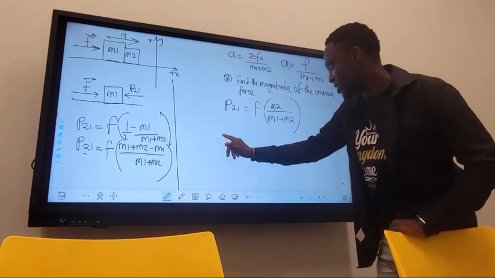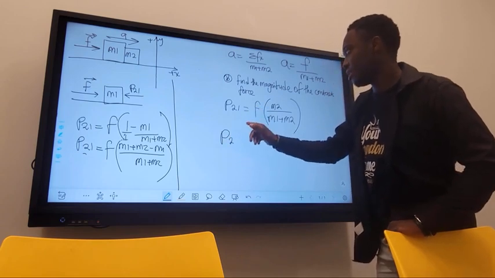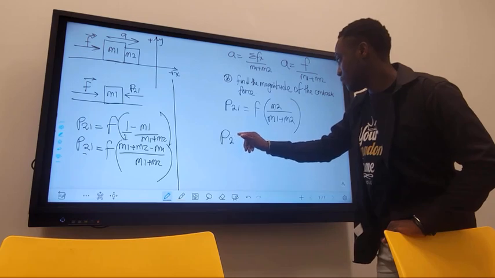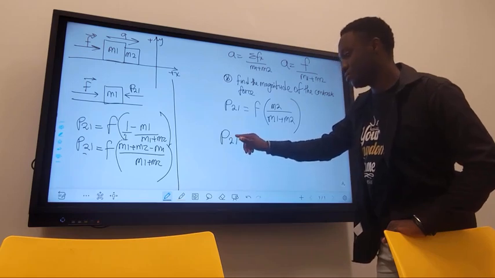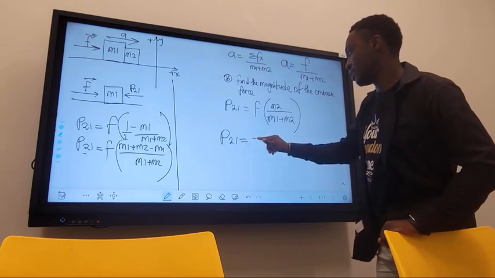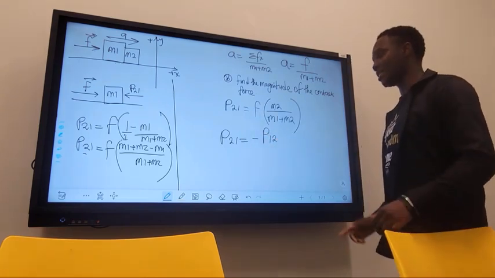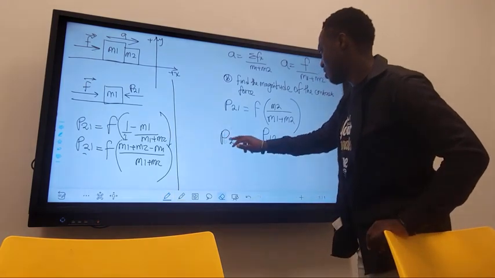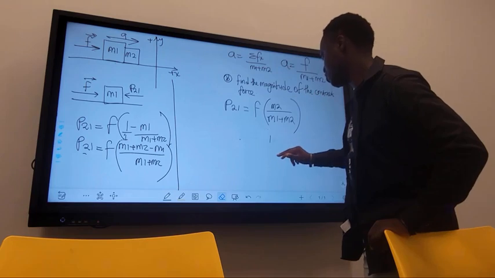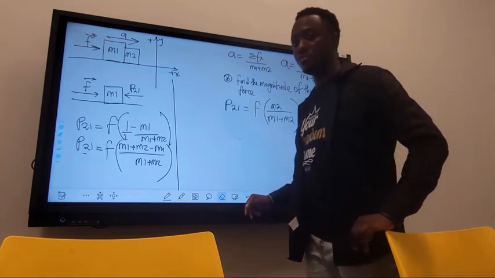So our prediction here is the contact force happening on mass 1 due to 2 is going to be equal to the negative of the contact force happening on our mass 2 from 1. But just to prove this theory, we're going to use the second mass to calculate the same.